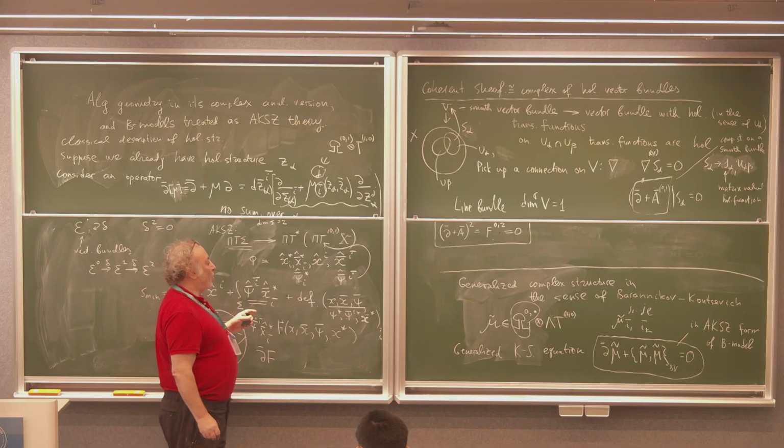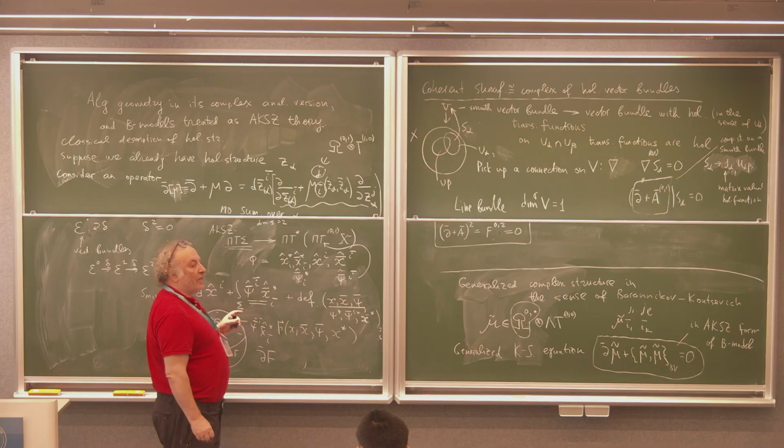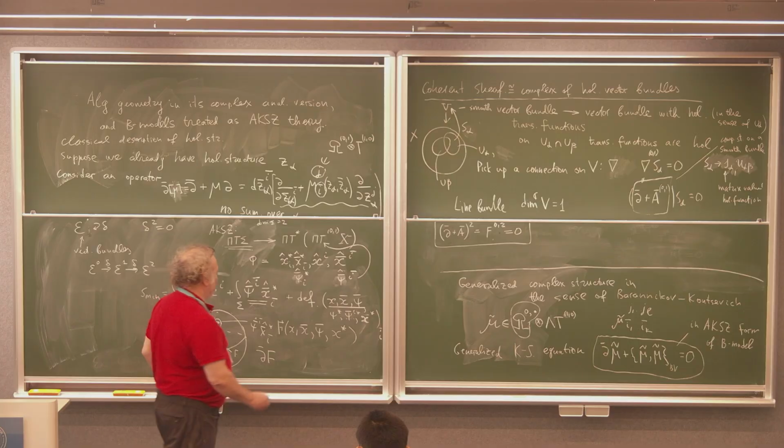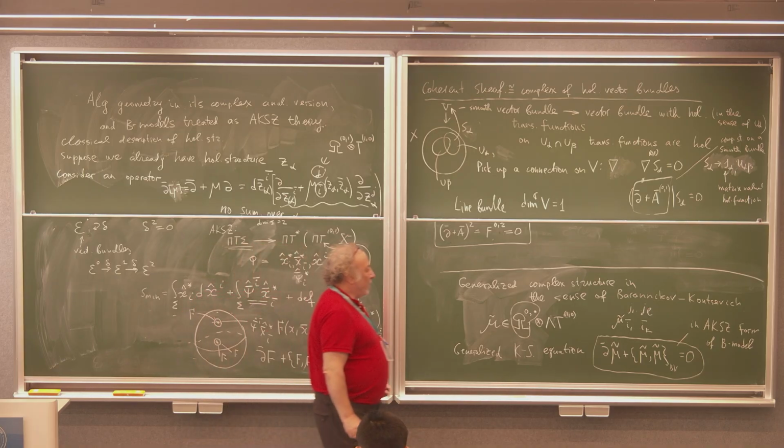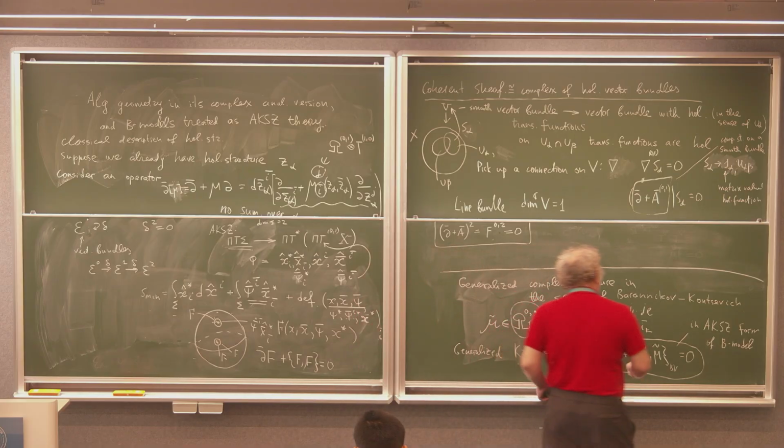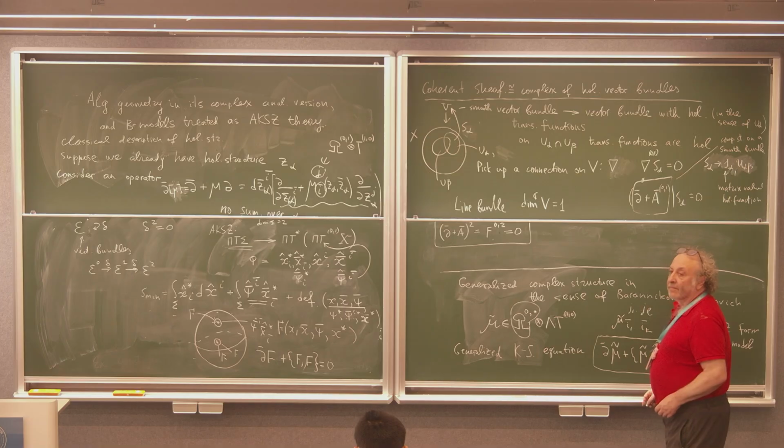And when f's go around each other, it will be exactly like in AKSZ theory. And in this way, we reproduce the generalized Kodaira-Spencer equation for generalized deformation of Barannikov-Kontsevich.